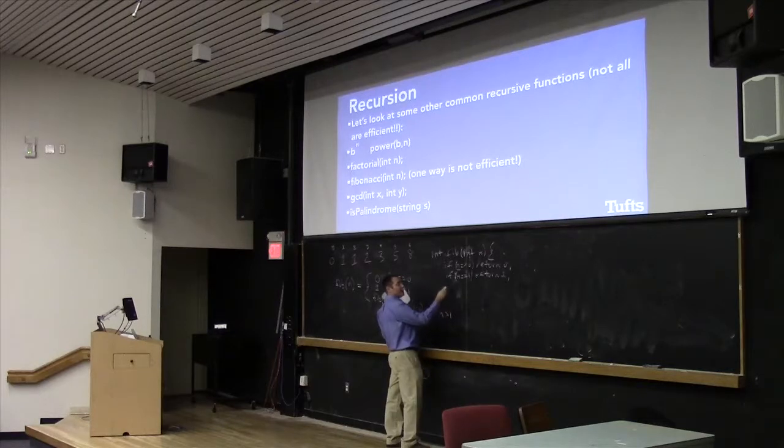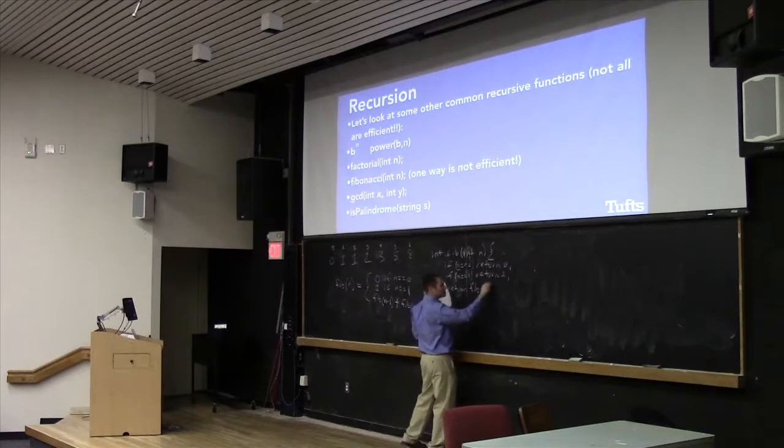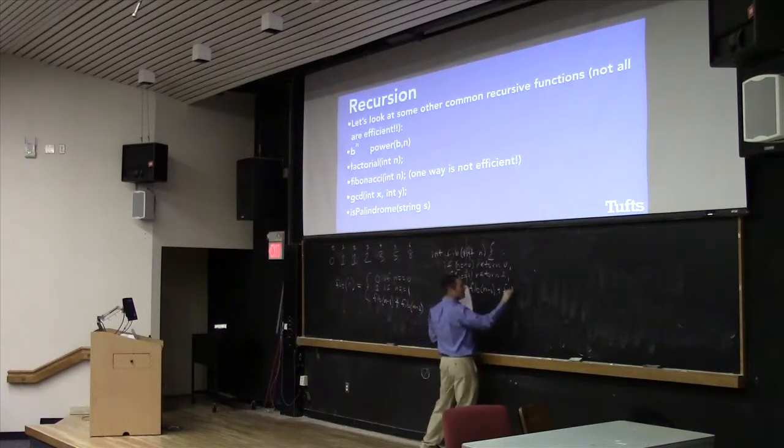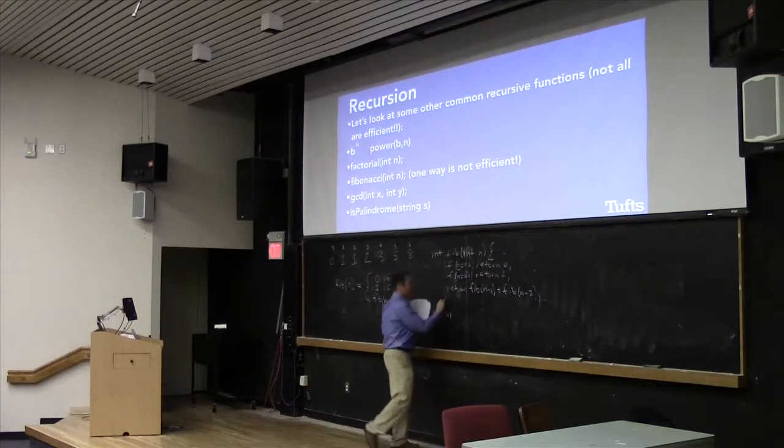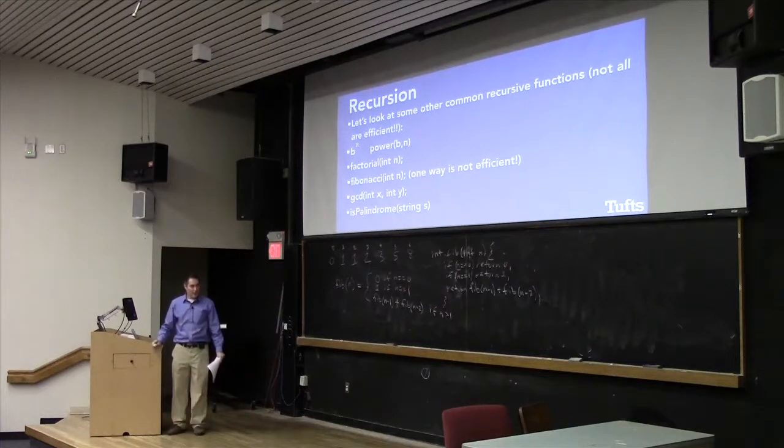And finally, otherwise you have to return fib n minus 1 plus fib n minus 2. And that's our recursive function. So we've done a little recursive function here.